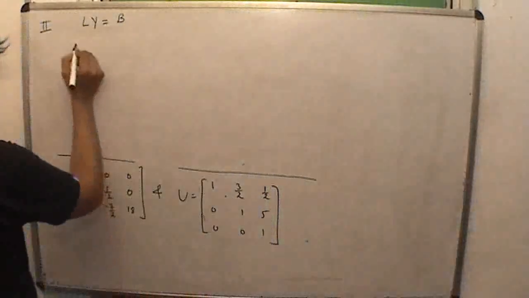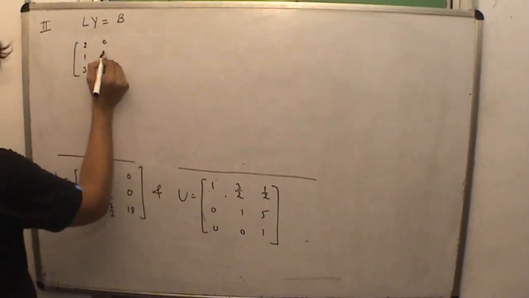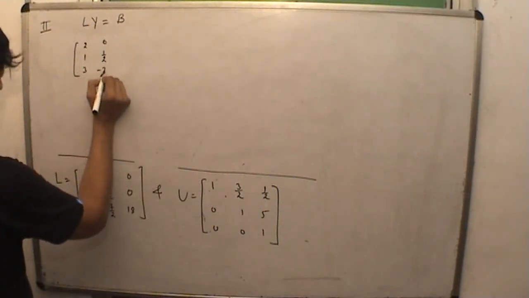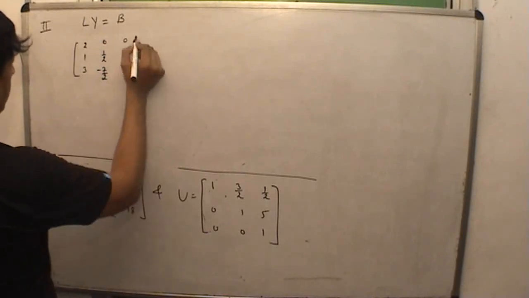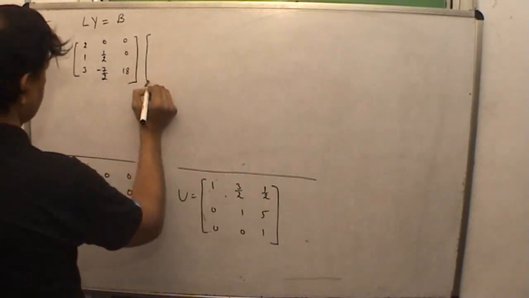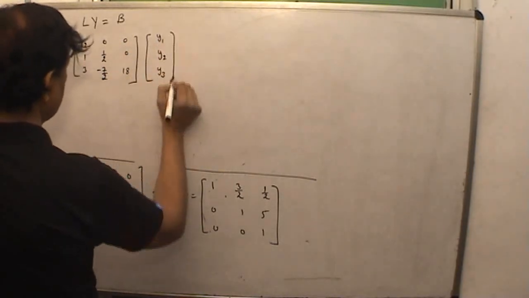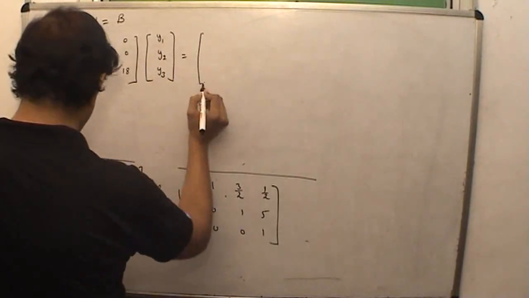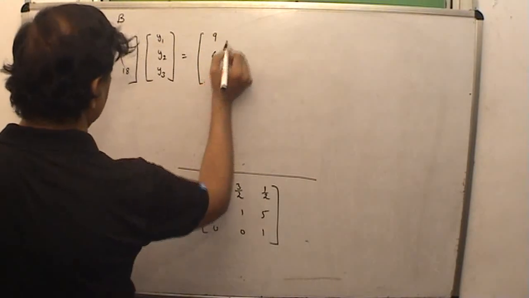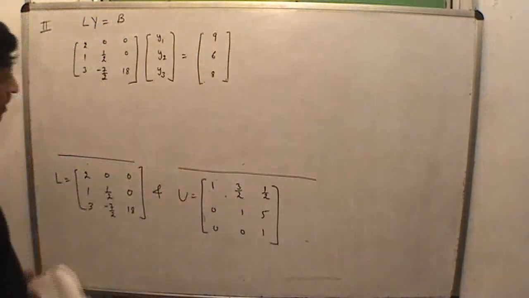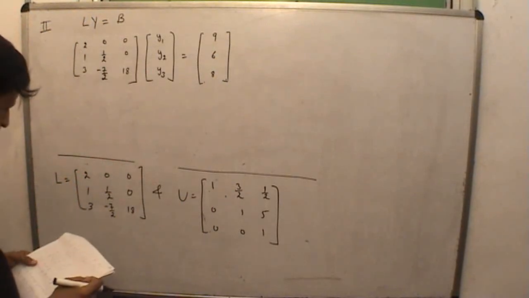That is L into Y means it is 2, 1, 3, 0, 1 by 2, minus 7 by 2, 0, 0, 18 and Y we consider as Y1, Y2, Y3 is equal to B. B is the column matrix of the right hand side. It was 9, 6 and 8. Now we can calculate this system for Y1, Y2 and Y3.